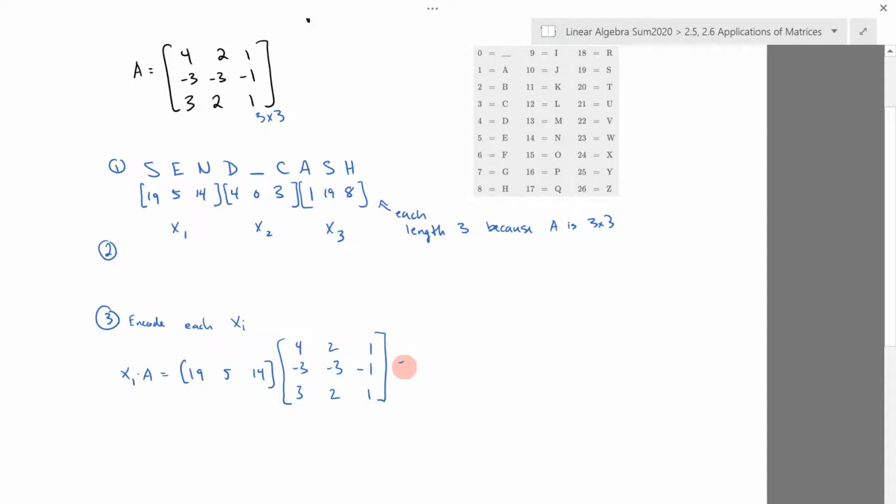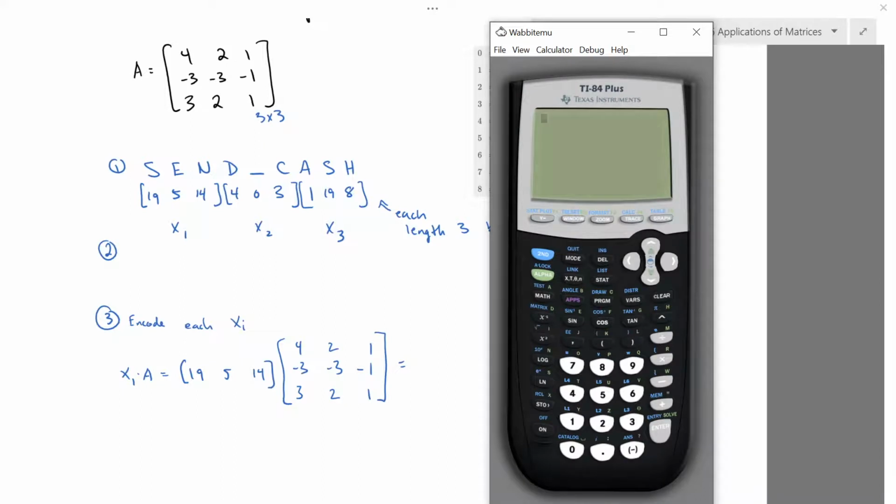Okay, let's multiply this out. I've already put the matrix into the calculator. So my matrix A is 4, 2, 1, negative 3, negative 3, negative 1, 3, 2, 1. That's my matrix A, and x1 is 19, 5, and 14. Now let's multiply them out.